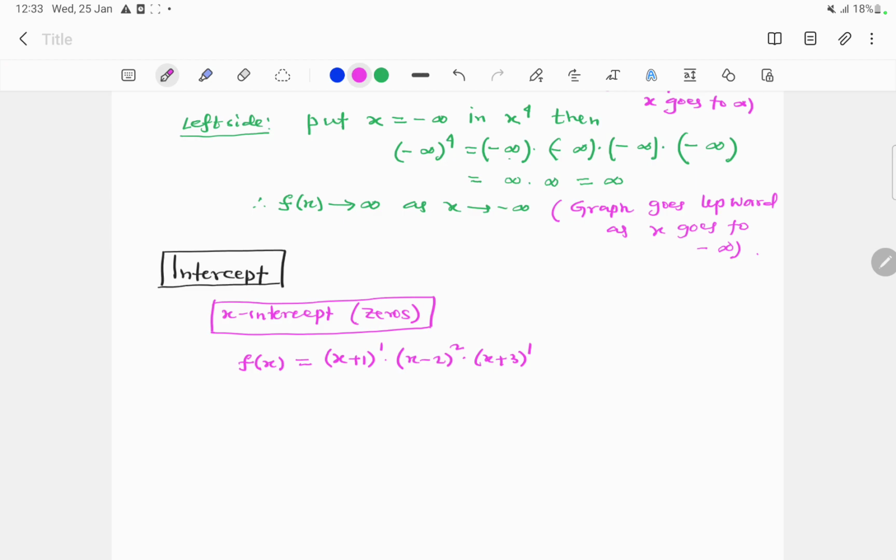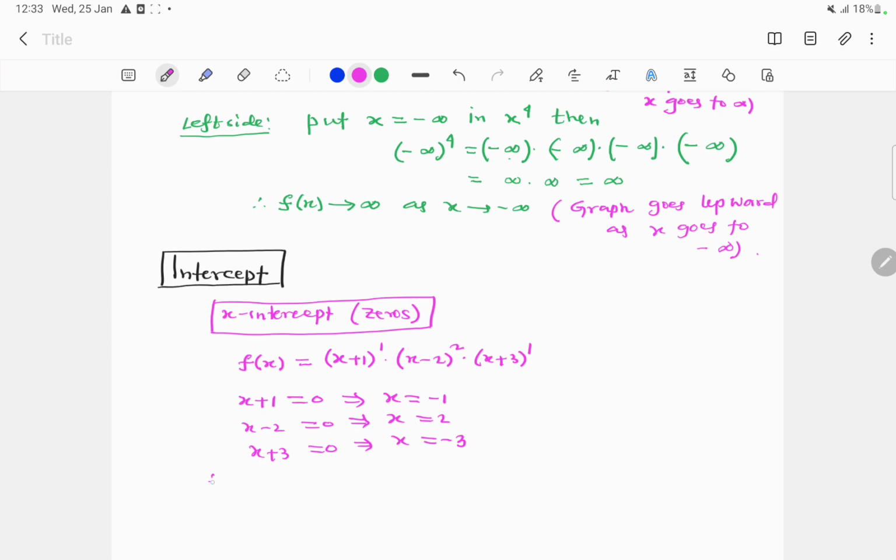How do you calculate the x-intercept? Make every factor 0. From x plus 1 equal to 0 you get x equal to -1, and x minus 2 equal to 0 gives x equal to 2. For the last factor, x plus 3, you get x equal to -3.